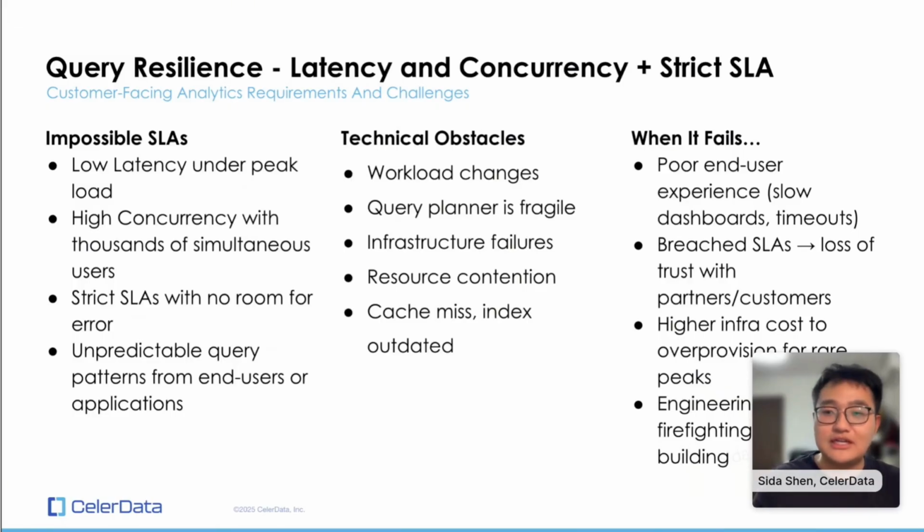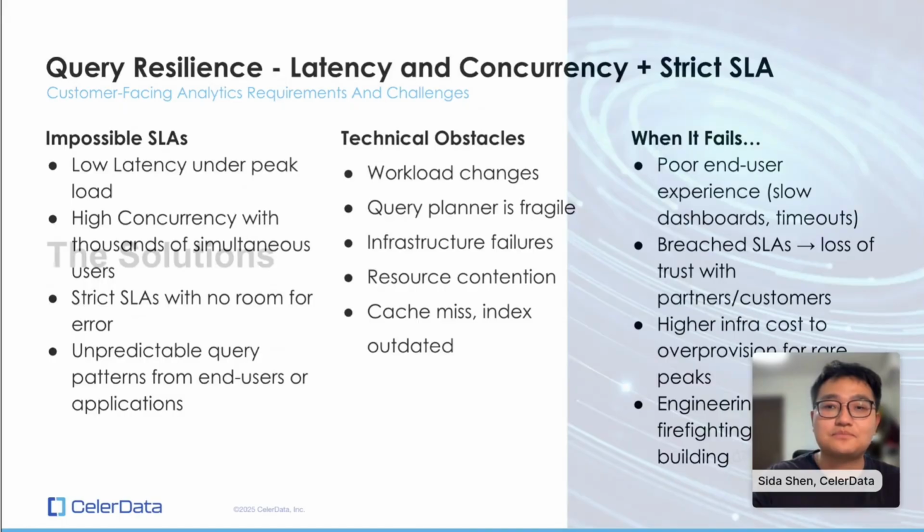And also, data change translates to cache misses, right? And indexes get outdated, and that slows down performance too. That really hits your P99 query latency, right? When everything fails, you run into poor user experience, breach SLAs, right? Really high infra costs, and your engineering team is stuck at firefighting instead of actually building features, building the data product.